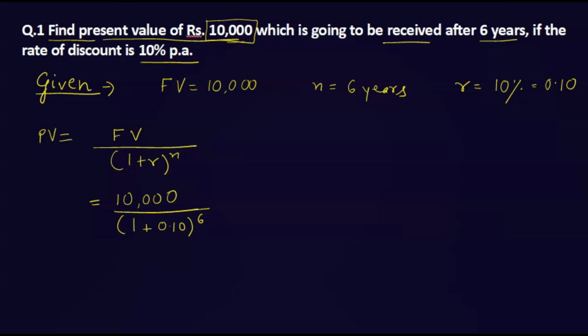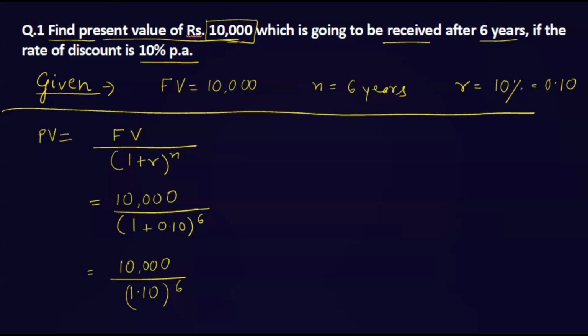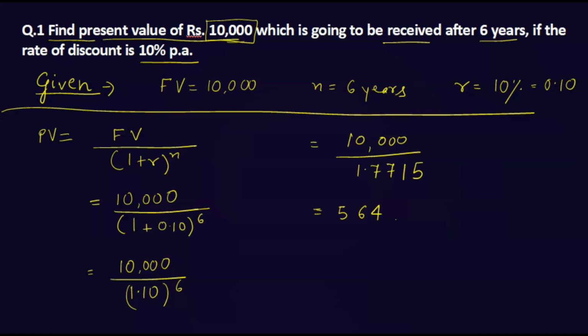So it will be 10,000 divided by 1.10 to the power 6. When we calculate 1.10 to the power 6, multiplying 6 times, we get 1.7715, and it will be equal to 5644.93.